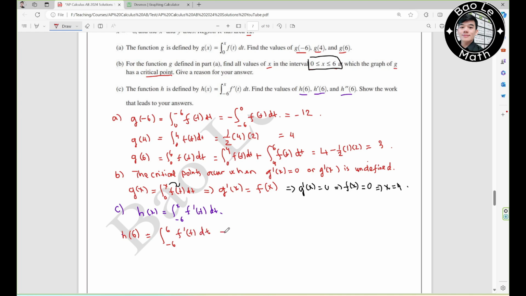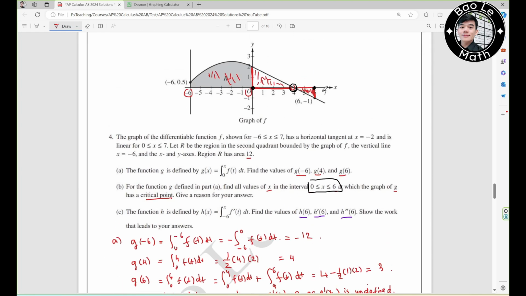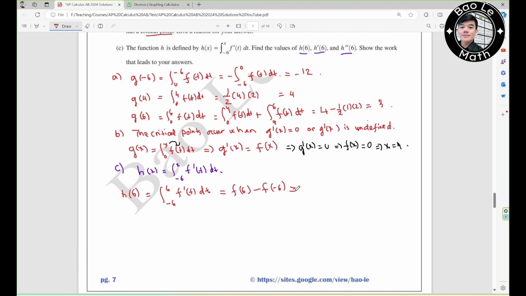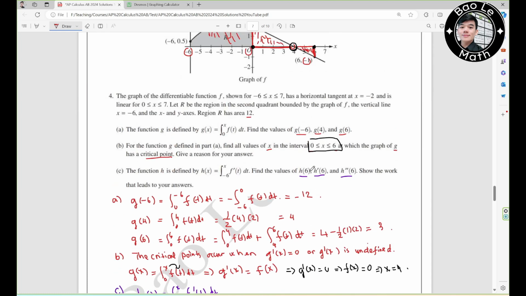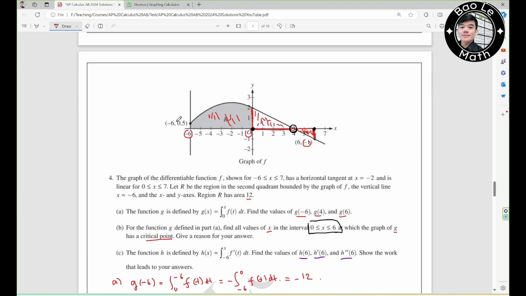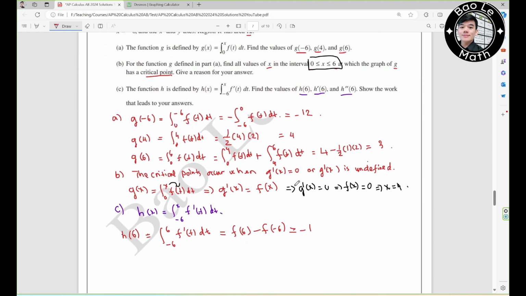So by the fundamental theorem of calculus, we have f of 6 minus f of -6. Right, f of 6 right here equals -1. f of -6 equals 0.5. So it's going to be -1 minus 0.5, which is -1.5.